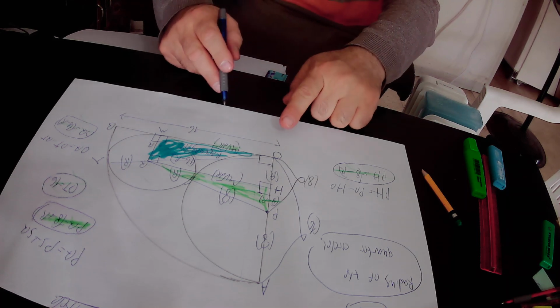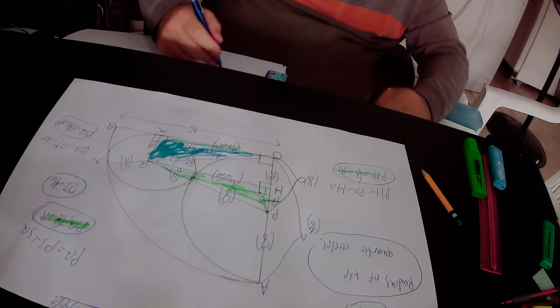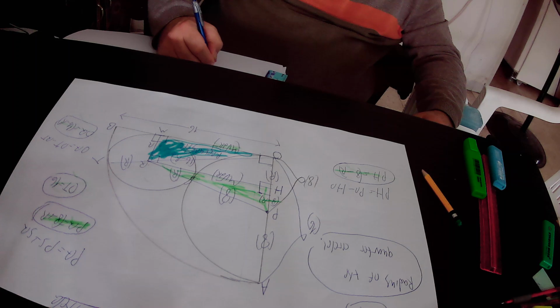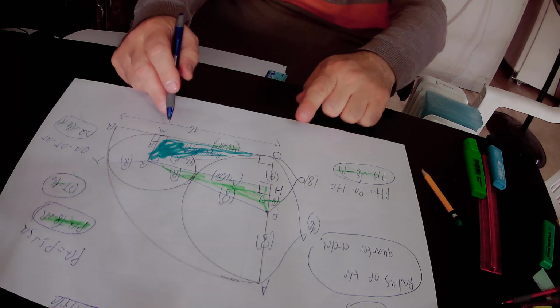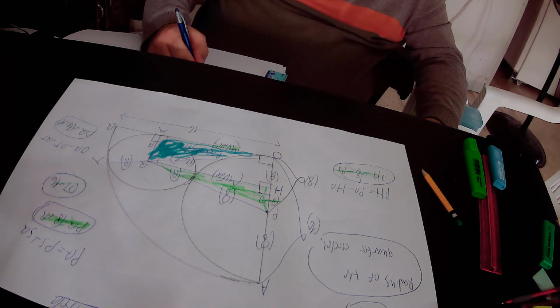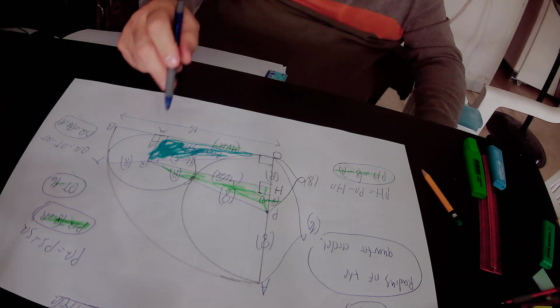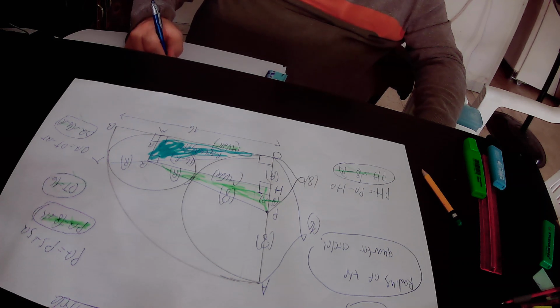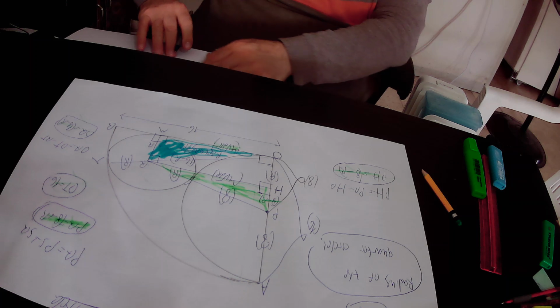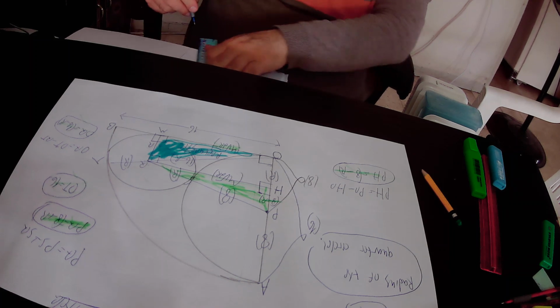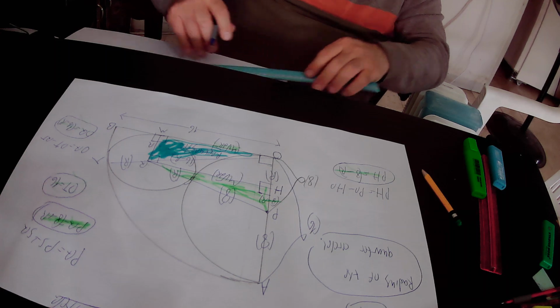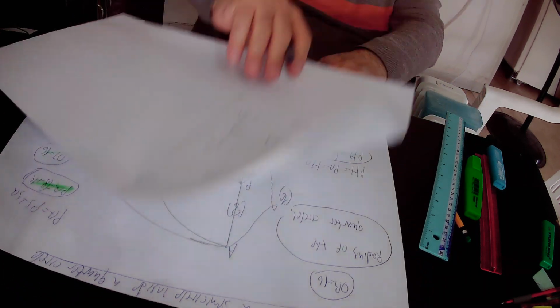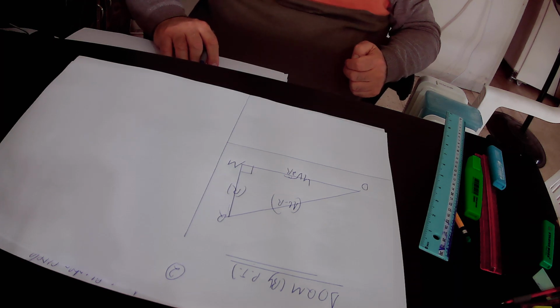We have already found out that side OM of the blue triangle equals 4 times square root of 2R. The hypotenuse QO equals 16 minus R. And side QM of the blue triangle equals R, the radius of the small circle. So this is the right triangle OQM, to which we apply the Pythagoras theorem.